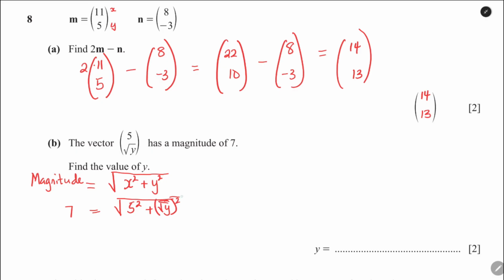Note that both of them need to be squared. Now, under our root sign, we have 5 squared is 25 and square root of y all squared is what? y.